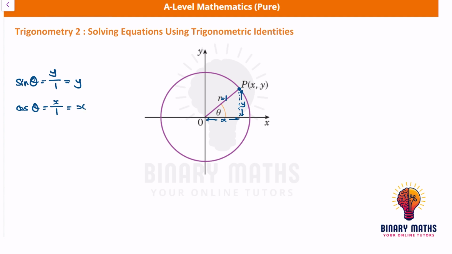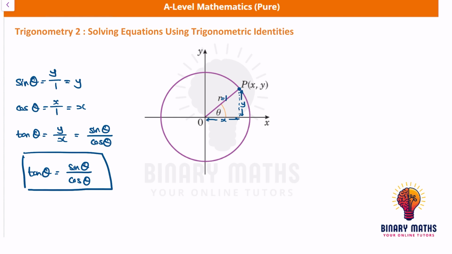Okay, tan theta is equal to opposite over adjacent, which is y over x. But y is just sine theta and x is just cos theta. So we get the first trigonometric identity: tan theta is equal to sine theta over cos theta.